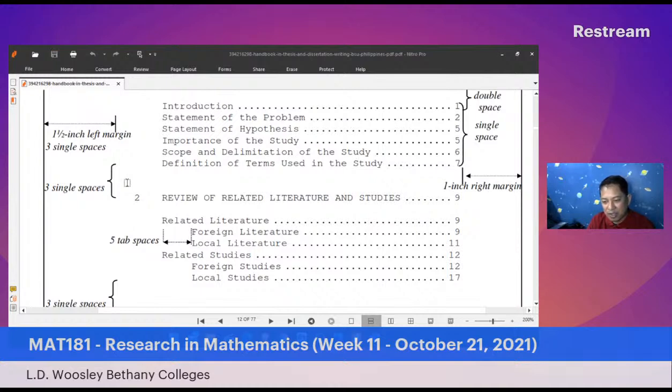We could divide it first in the literature: all materials that are not an equivalent research, dissertation, or thesis could be considered as literature in terms of publications, books, reference materials, etc. And then the studies are actual research, whether unpublished or published research or dissertation, considered related studies. And this would have an impact on your actual research.